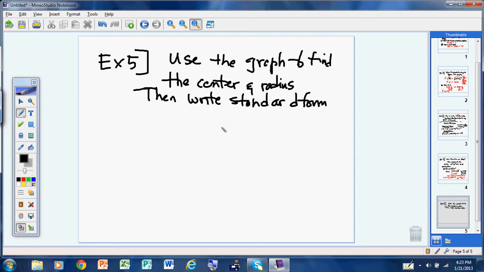Okay, so on the graph, remember (h, k) is the center, and remember r is the radius.